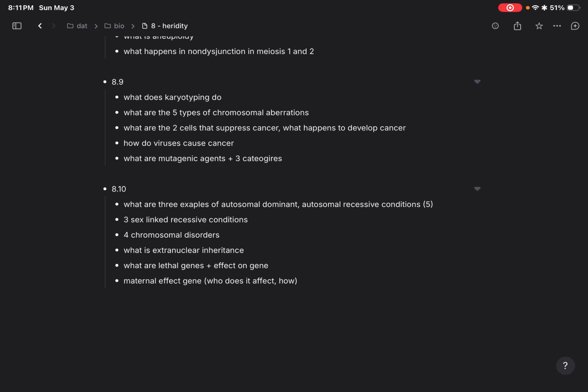Two of them will have more, two of them will have less, because when you split the homologous pairs in meiosis 1, one side will have less, the other side will have more. So then when you split it, the two will have more and the two will have less.